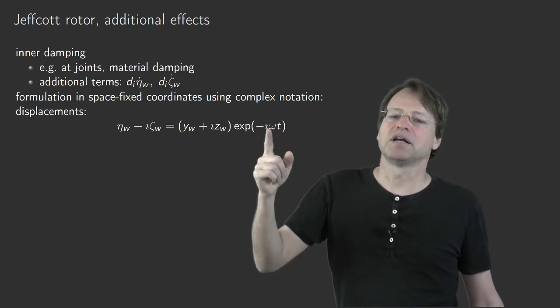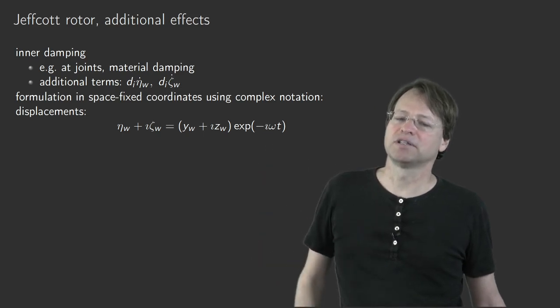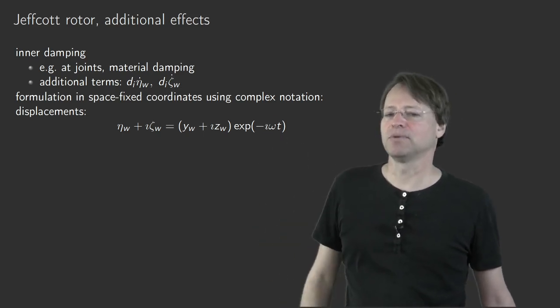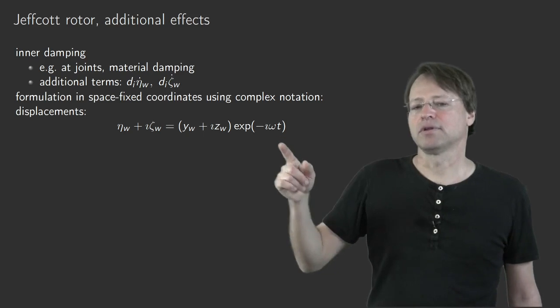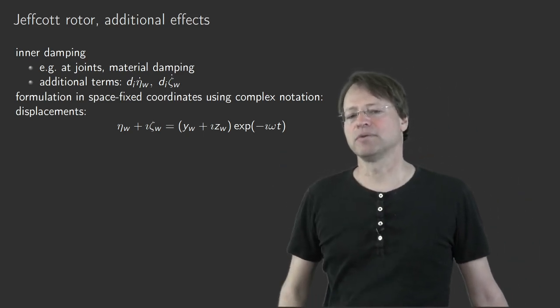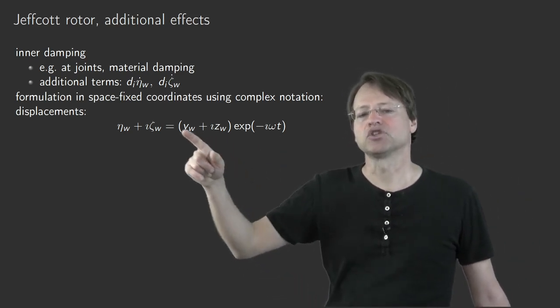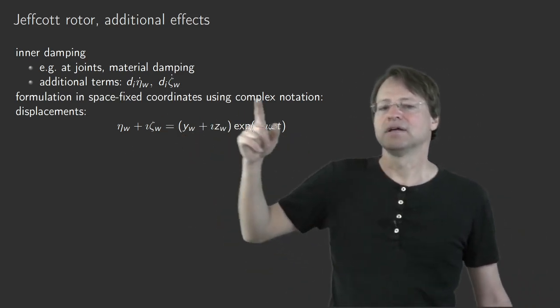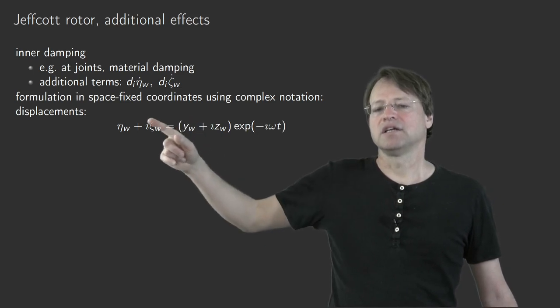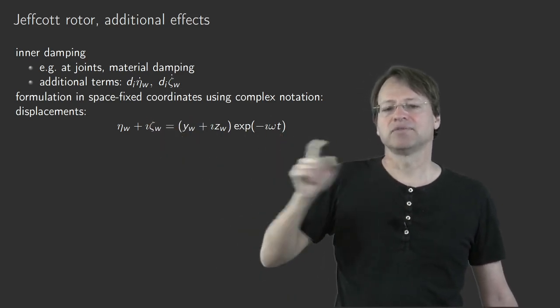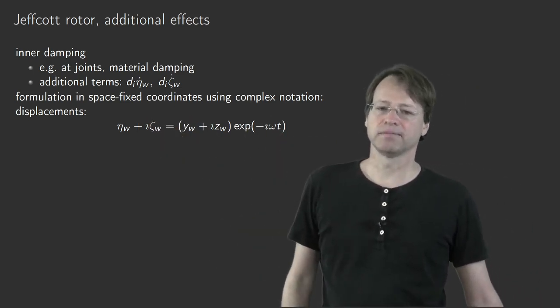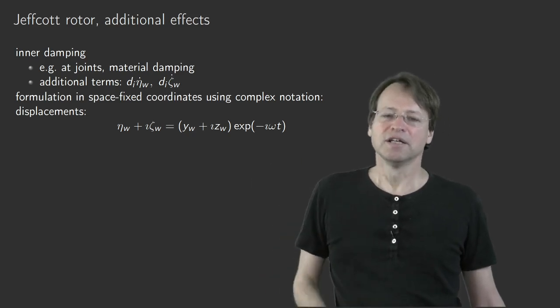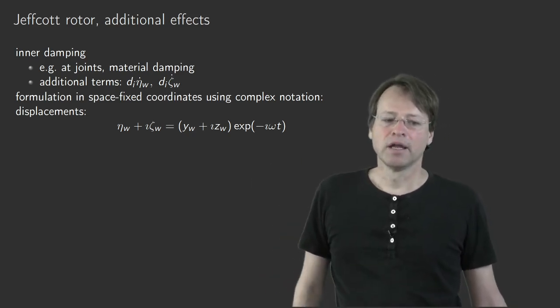You just multiply by the exponential of minus I omega t instead of having exponential I omega t. We have on the right hand side now exponential minus I omega t, and this relates now the space fixed coordinates to the body fixed coordinates. If you have the space fixed coordinates, then they are equal to the body fixed coordinates times exponential I omega t. So it's just the sign here that makes the difference.